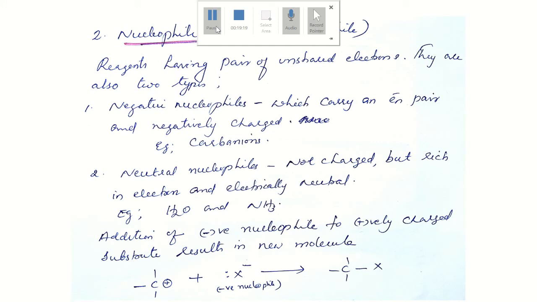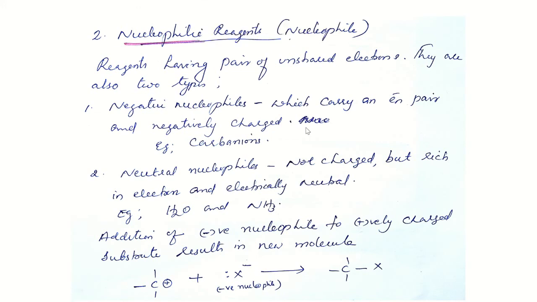Next one is nucleophiles or nucleophilic reagents. Reagents which have an unshared pair of electrons are known as nucleophiles because they have a tendency to share the pair of electrons with an electron deficient substrate. These nucleophiles can be subdivided into negative nucleophiles and neutral nucleophiles.